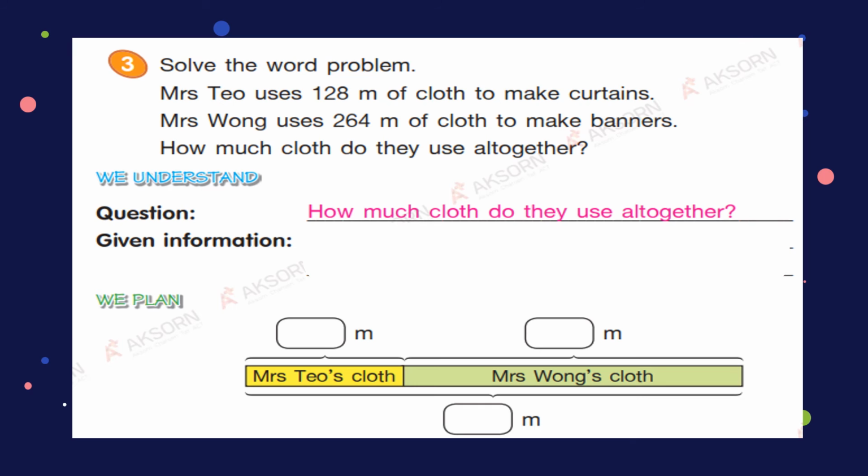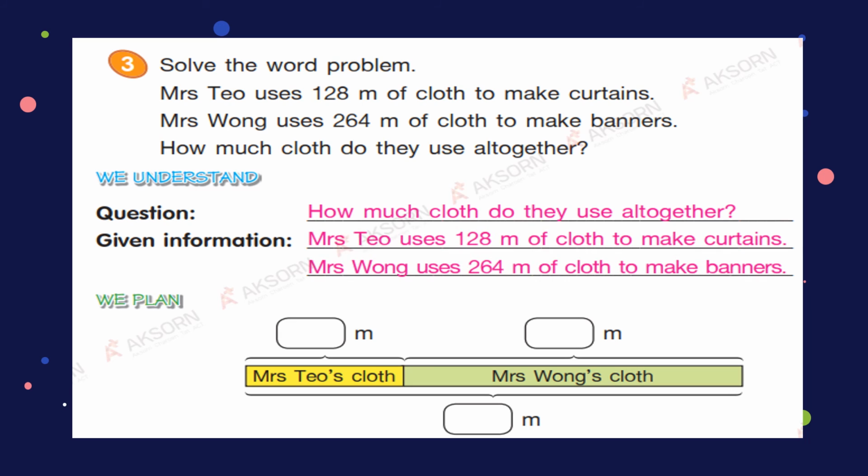So we're going to write the question, and next is the given information: Mrs. Teo uses 128 meters of cloth to make curtains, and Mrs. Wong uses 264 meters of cloth to make banners.